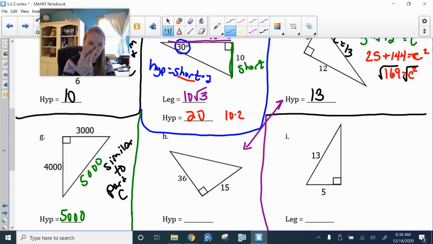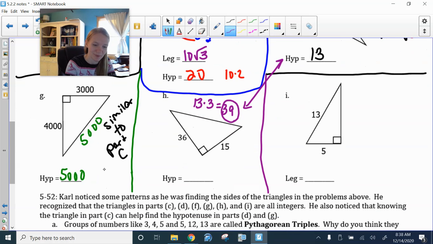I could multiply by 3. Same thing, if I went 12 to a 36, I could multiply by 3, which means my hypotenuse should just be 13 times 3, or 39. Or we could do the Pythagorean theorem again, but those numbers are a little bit larger, not as easy to work with.